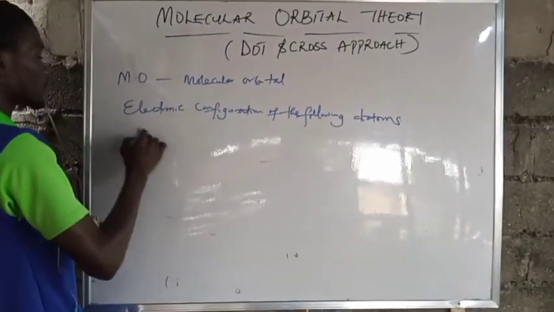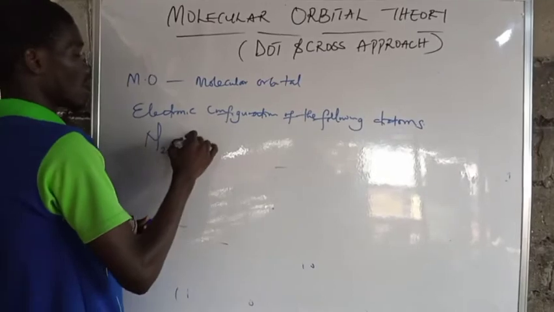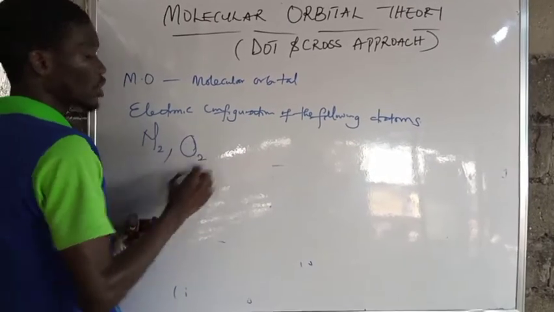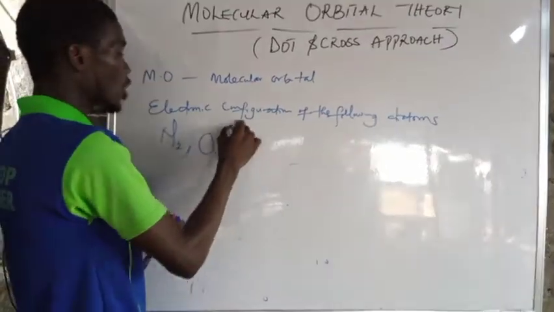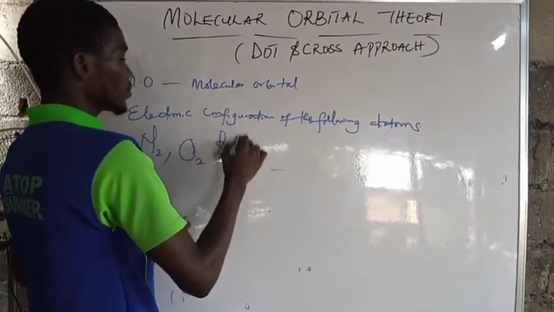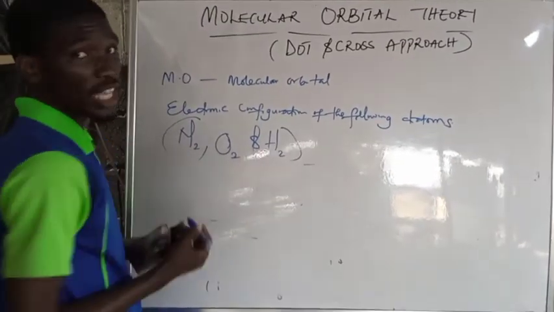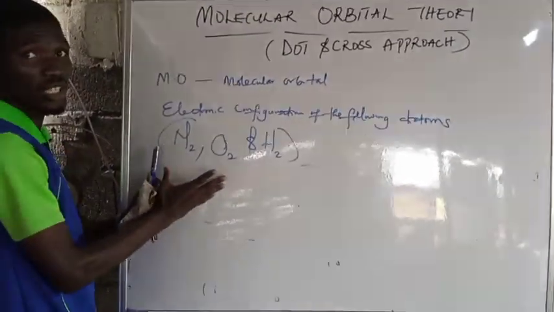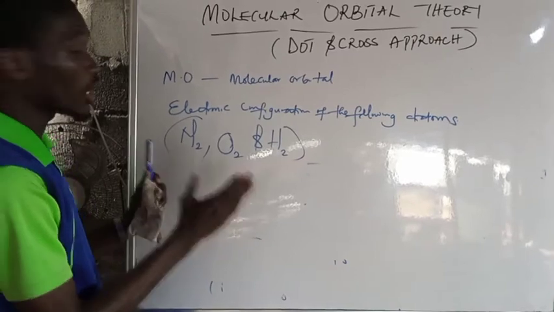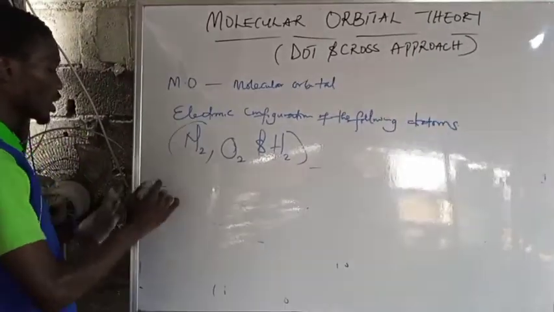So I have nitrogen gas, I have oxygen molecule, and also I have hydrogen molecule, as explained earlier. So I won't be going with this, but when we get to bond order, I will start with these 3 compounds. So let's start with hydrogen.